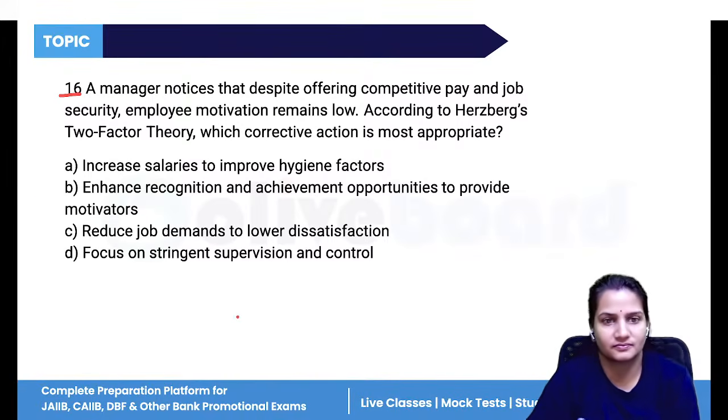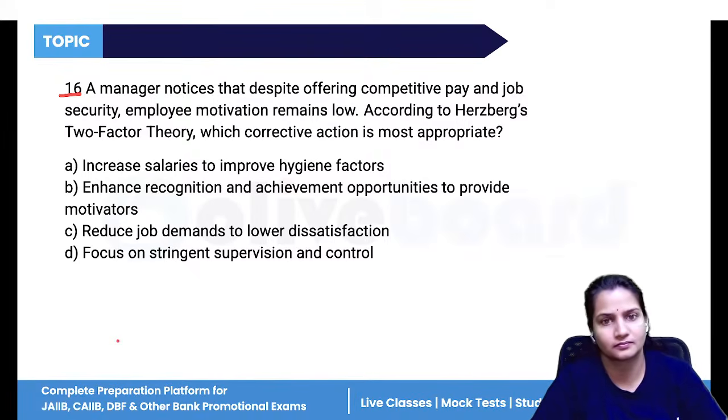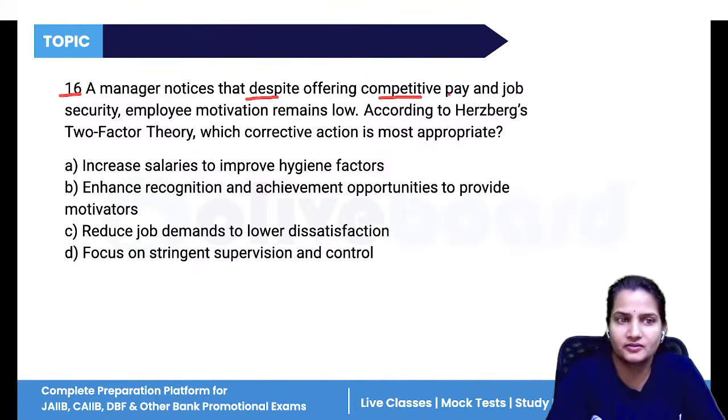Now, next. A manager is noticing that despite giving all the competitive pay and job security, employee motivation is still very low.